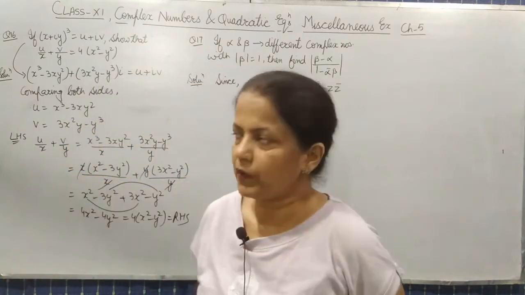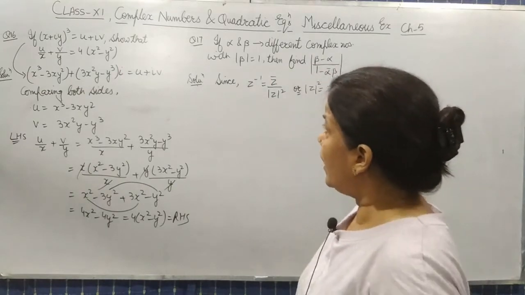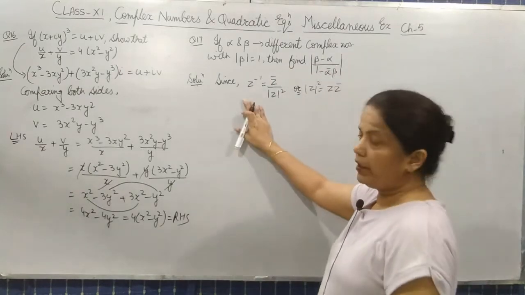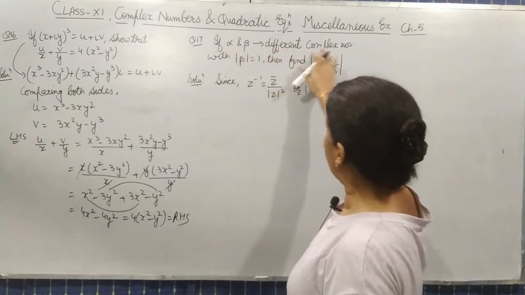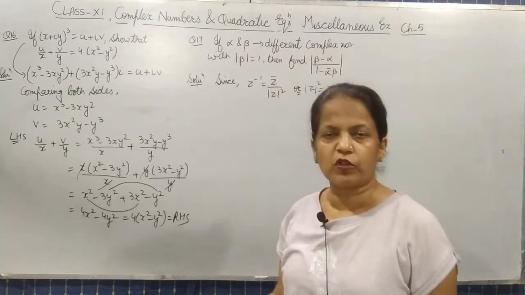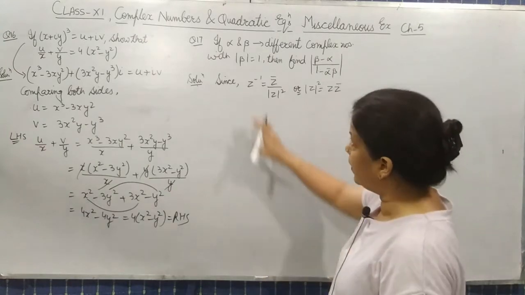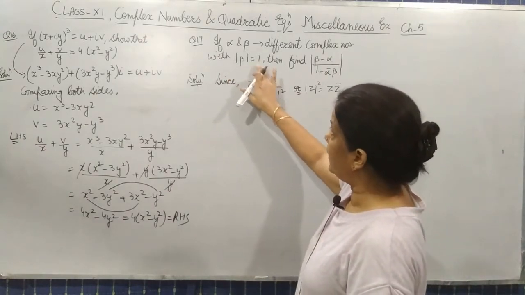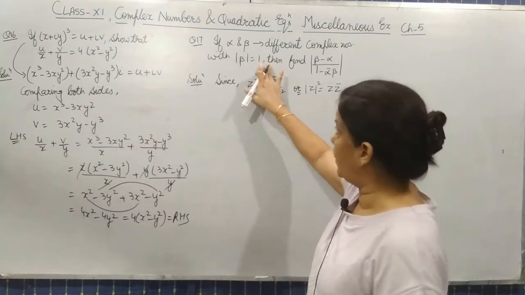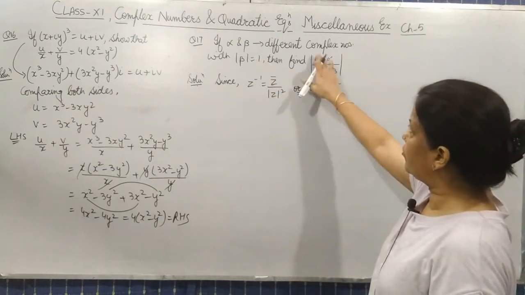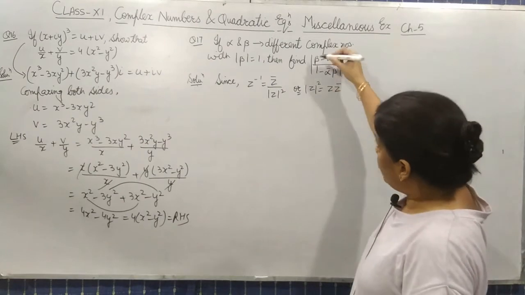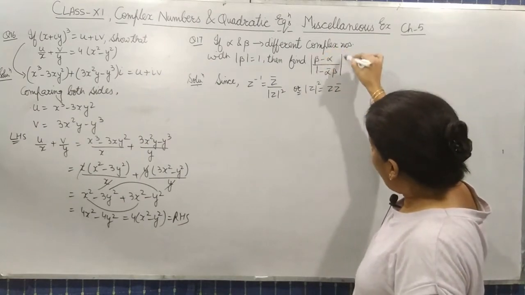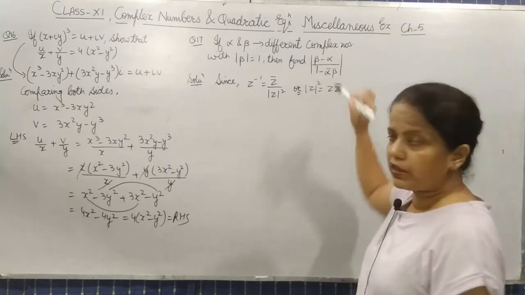Clear? Okay. Come to the 17th question. In the 17th question, if alpha and beta are different complex numbers, both of them with mod beta equal to 1, this is also given, and we have to find the value of this part. Now look over here, the absolute sign is there.